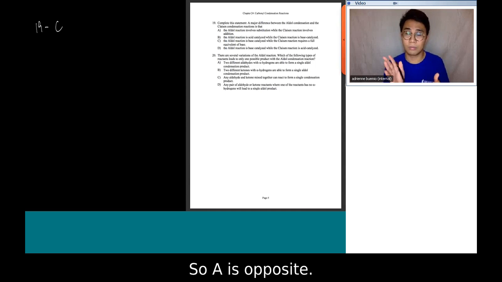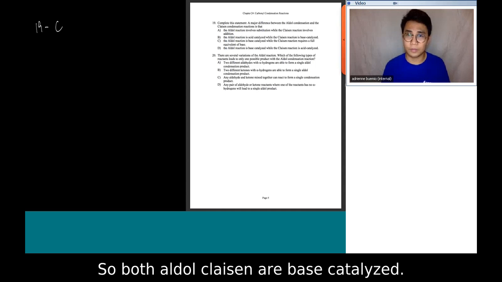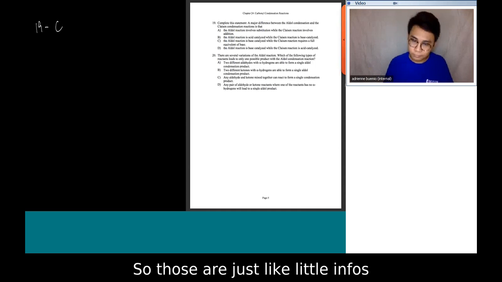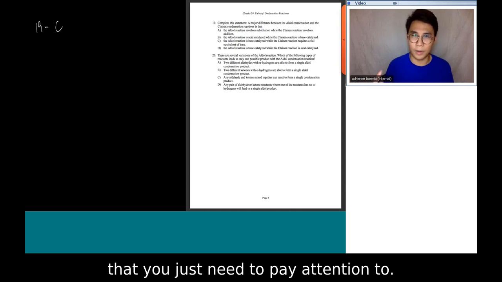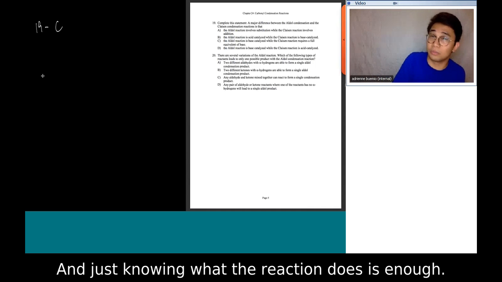So A is opposite. D, again, Claisen is base catalyzed, right? So both aldol and Claisen are base catalyzed. So those are just little bits of info that you just need to pay attention to, right? And just knowing what the reaction does is enough, right?